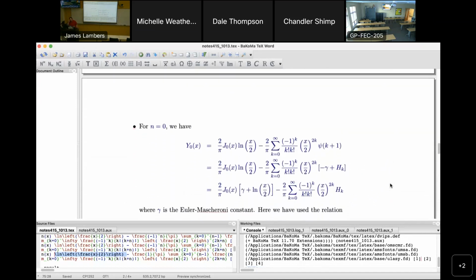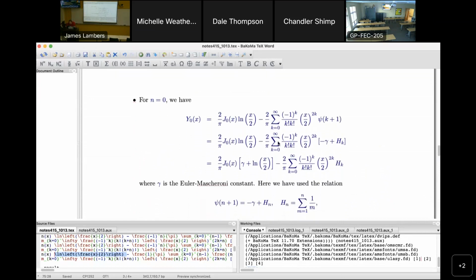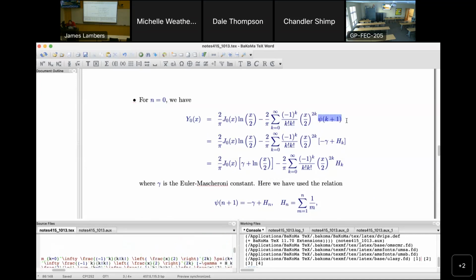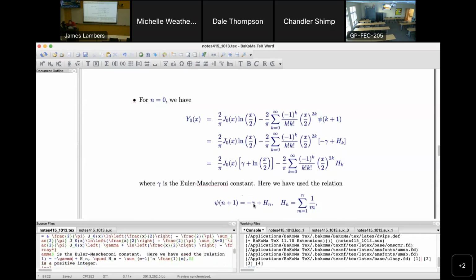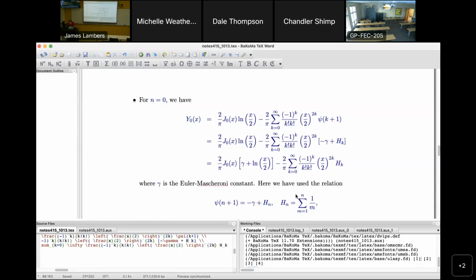Focusing on the n equals 0 case, things simplify a bit. What happens in here is the digamma function of k plus 1, where k is an integer, happens to be equal to the negative of the Euler-Mascheroni constant, plus this expression Hk.